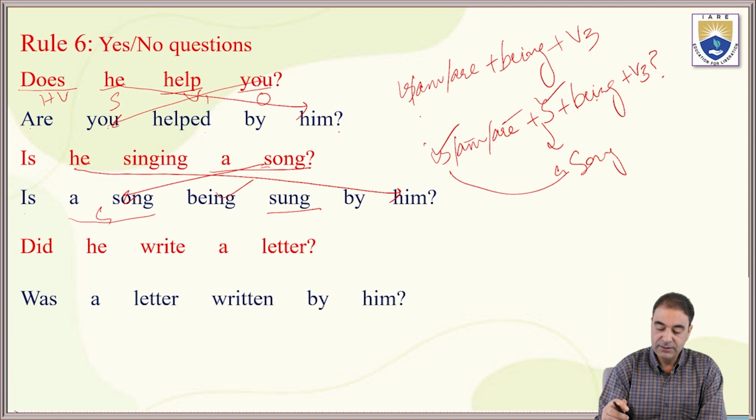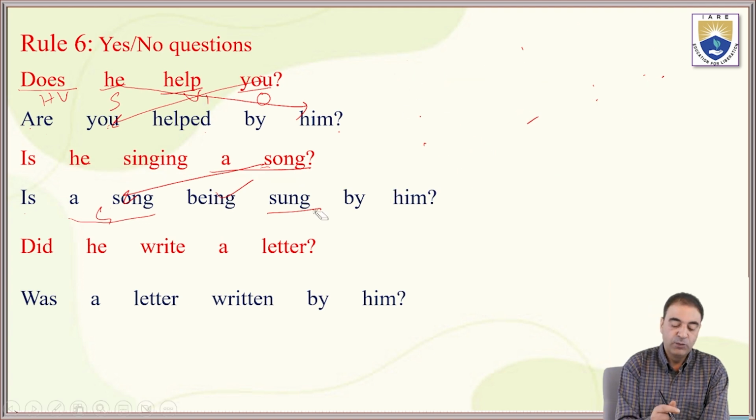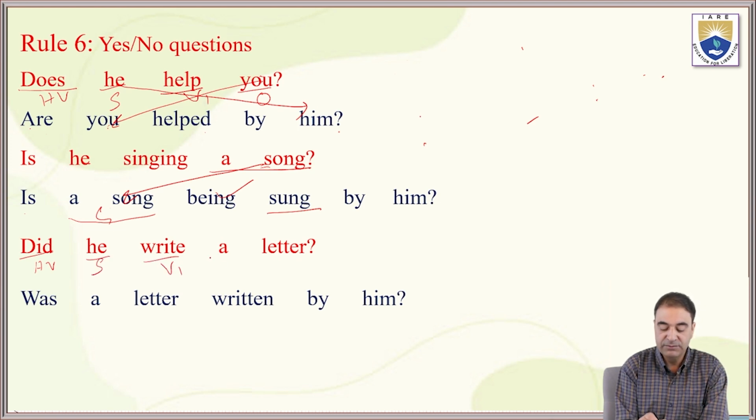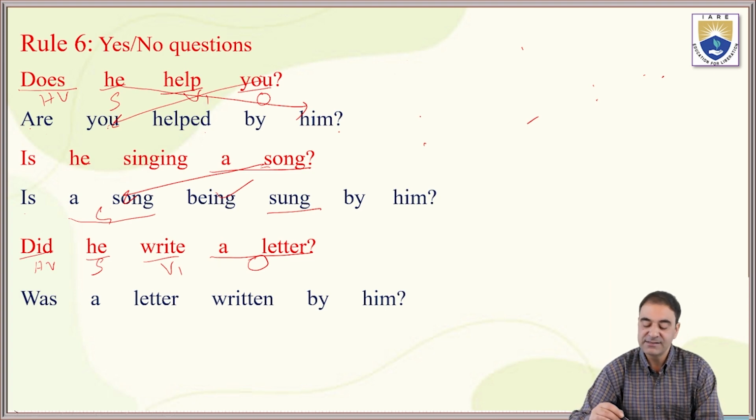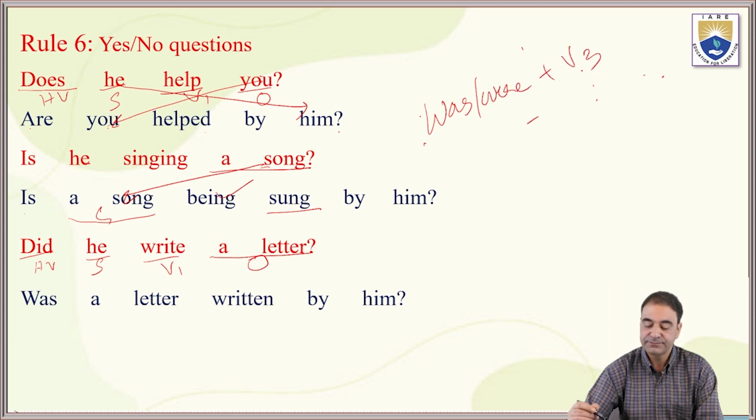Now look at the third sentence. Here we have did. This is a helping verb, followed by subject, then verb in first form, then a letter, this object. This is simple past tense. As I told you, we change simple past tense into was, were plus verb in third form. But if it is an interrogative sentence, then was, were, plus subject, plus verb in third form, and plus other words.